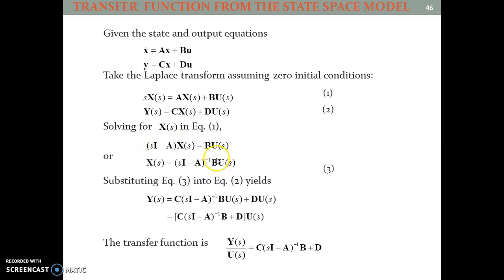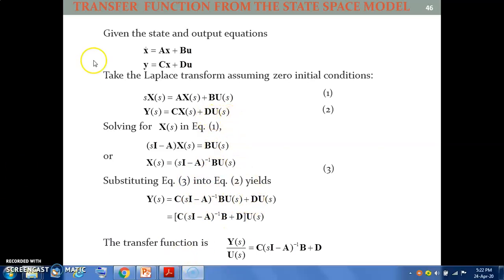Substitute this expression in expression 2, the output expression. So Y(s) equals C into (sI minus A) inverse into B into U(s) plus D into U(s).